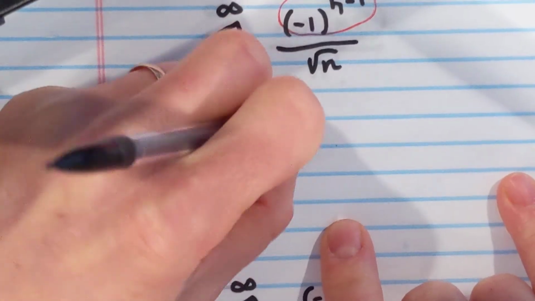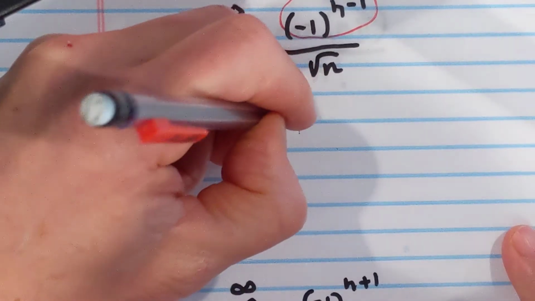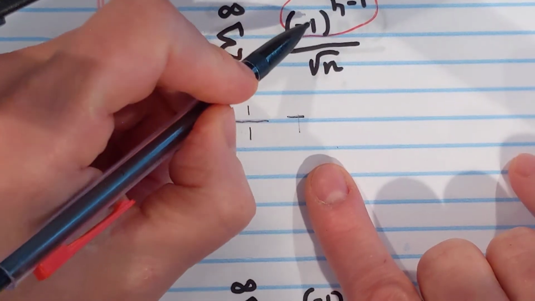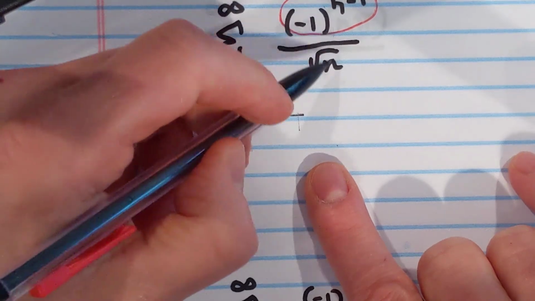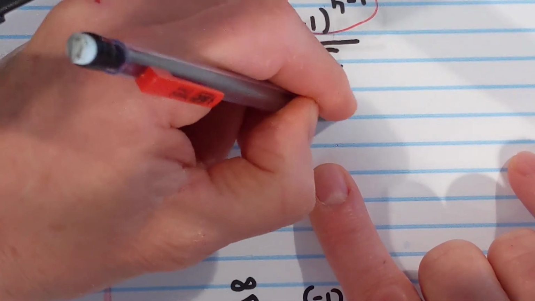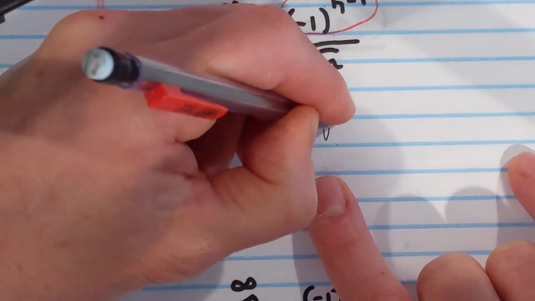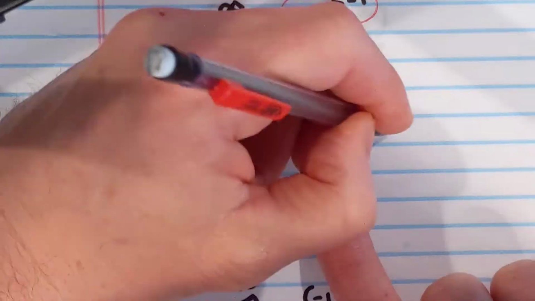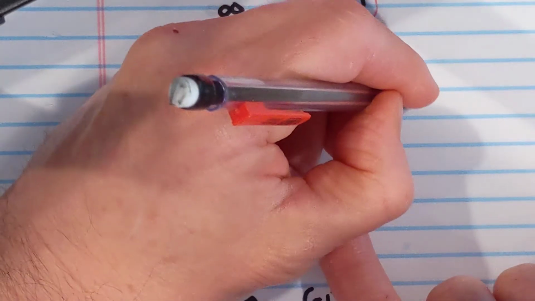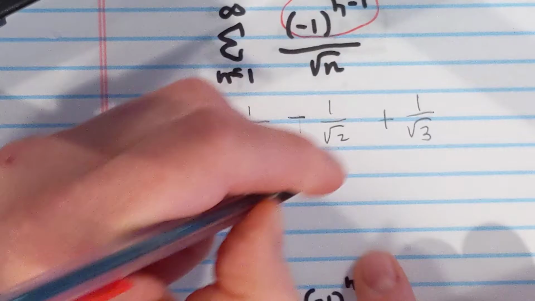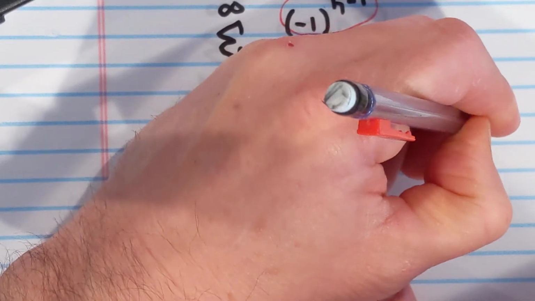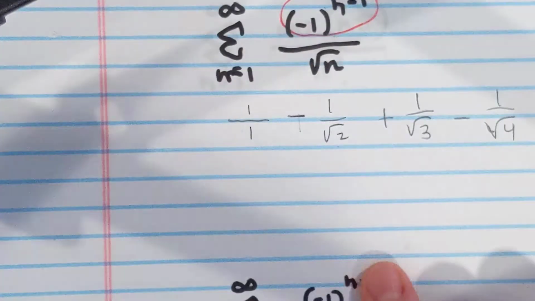Minus. I'm confident it's going to be minus because it's an alternating series. Minus. Plug in the 2, you get negative 1 over square root of 2. Plus, continue the pattern, square root of 3. Minus 1 over square root of 4, I'm not going to leave it as that.